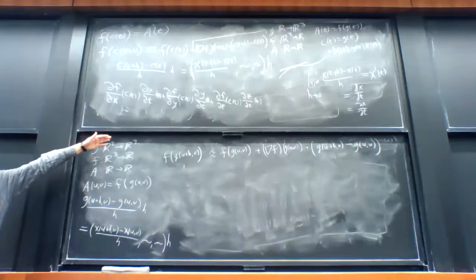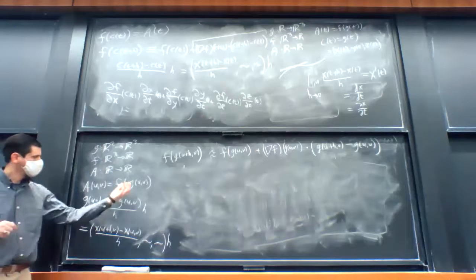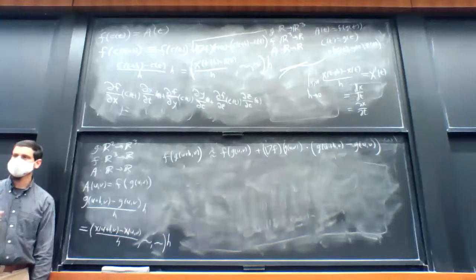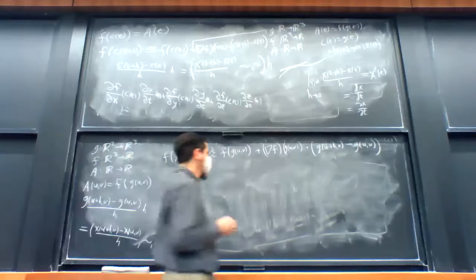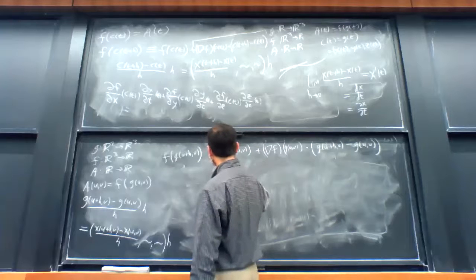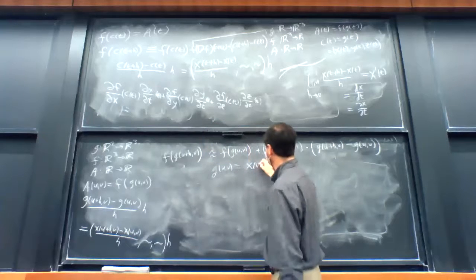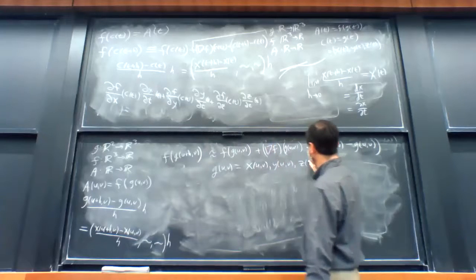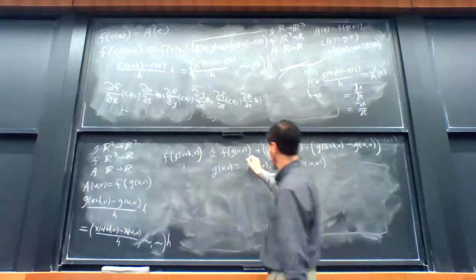Very similar to what we had before. So here, the g of uv is just x of uv, y of uv, and z of uv.